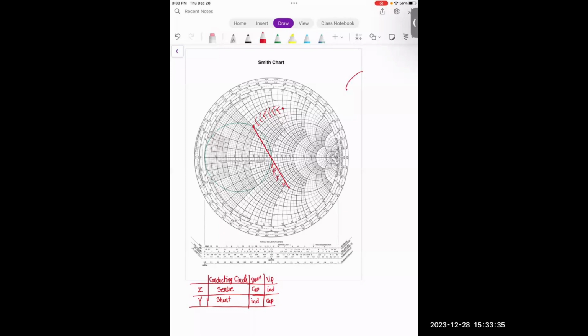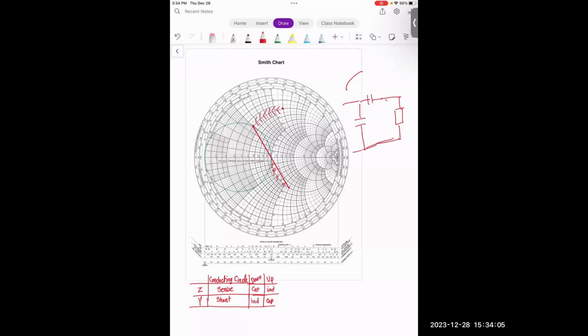So that means this is our load, series to the capacitor, and the same thing is up there with the Y chart. Up is the capacitor again, so we can see the capacitor there. So this is the CC circuit.